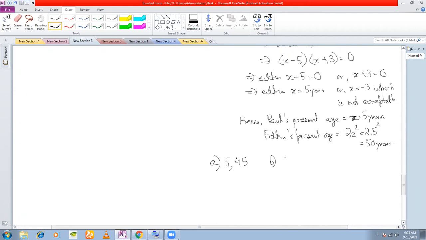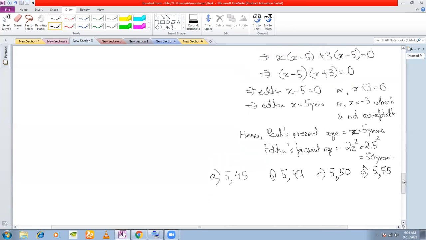And let's say the options are these. All these shortcuts that I'm telling you, they depend on the options. If the options are very close, you will not be able to apply any of these shortcuts. These are the numbers.